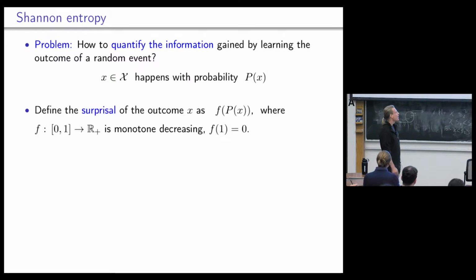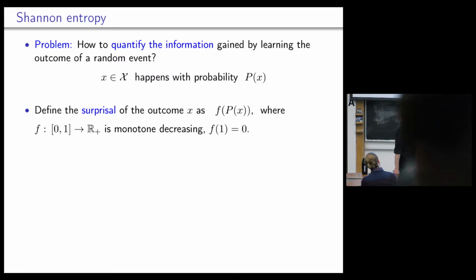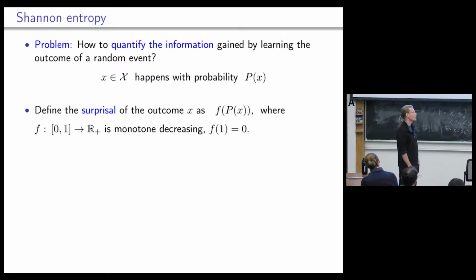Well, anyway. And to quantify the information, we can introduce the concept of surprisal. So basically, we think that an event is more informative if it is less likely to happen. Okay. And we quantify this with a function that is a monotone decreasing function of the probability.